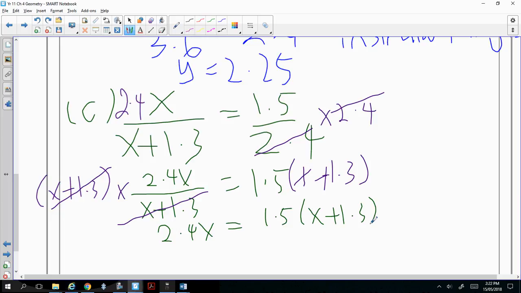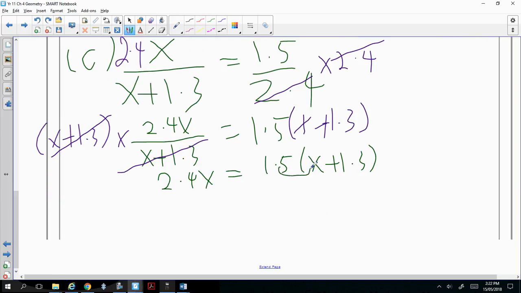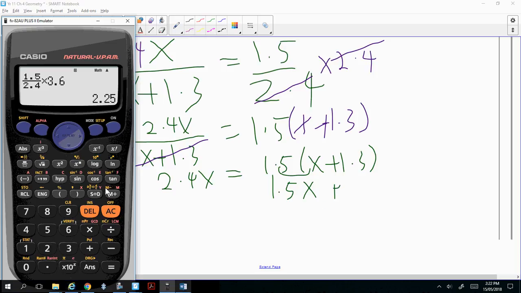All right, so you expand, so you get 1.5x plus 1.5 times 1.3 is, anyone? 1.95, okay, 1.95. And then what you need to do is subtract both sides by 1.5x, that cancels this.